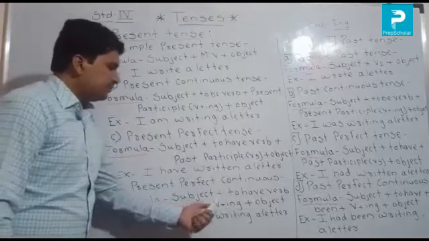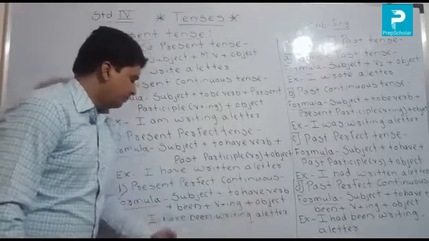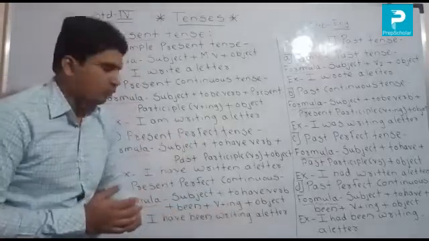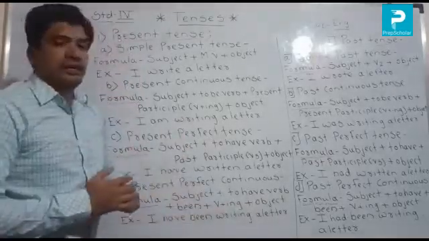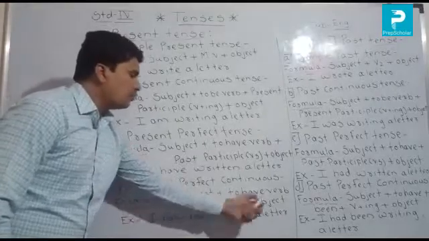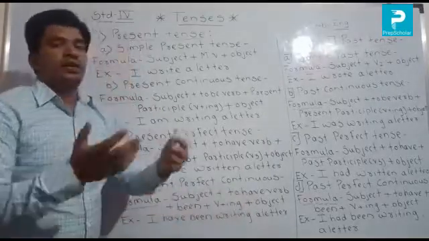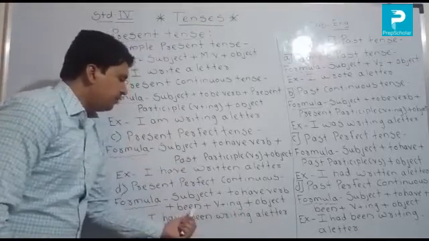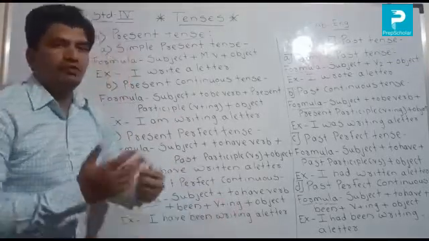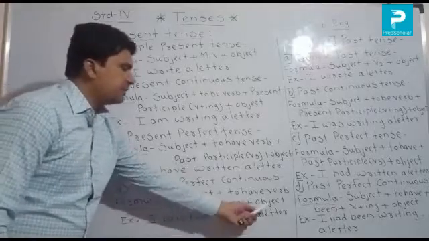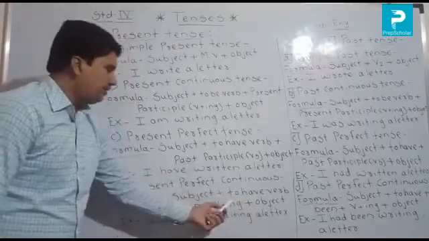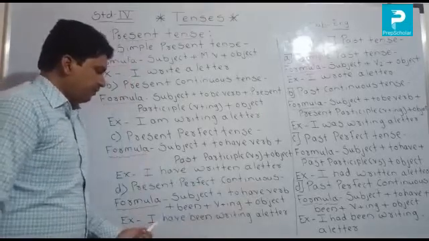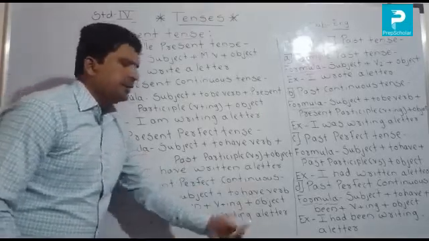Look here: subject plus to have verb plus been plus V plus ing plus object. ओके, सब्जेक्ट म्हणजे कर्ता, to have verb, जसं तुम्हाला आता सांगितलंय to have चे present verb have आणि has आहे. Then been, we add been after the to have verb, then V plus ing plus object. Okay, so it is the formula of present perfect continuous tense. So example here: I have been writing a letter.